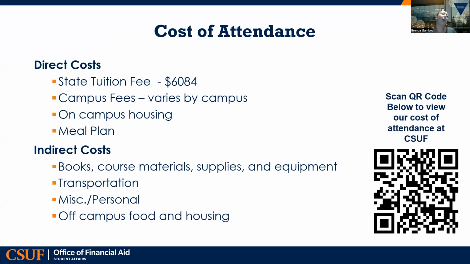So when it comes to cost of attendance, it's an estimated budget for 9 months. Okay, so it's not the tuition and fees that you're going to be paying at Fullerton, but again, it's a budget that's given to all students. Basically, this is the amount that students can get financial aid up to.